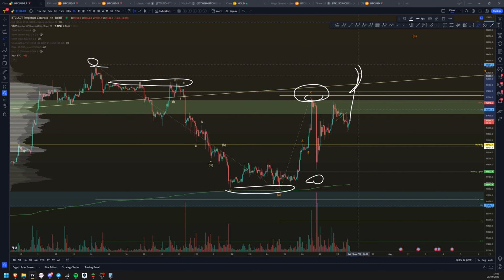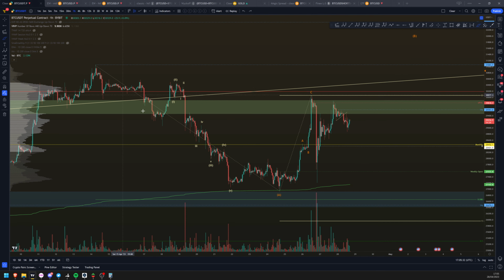Especially if we get a move here, consolidation, you know how much FOMO this is going to build up. I would prefer to not break the high, maybe because it's going to put me in an emotional state of mind and I'll be leaning for more upside. And also because it gives a bit simpler trades.